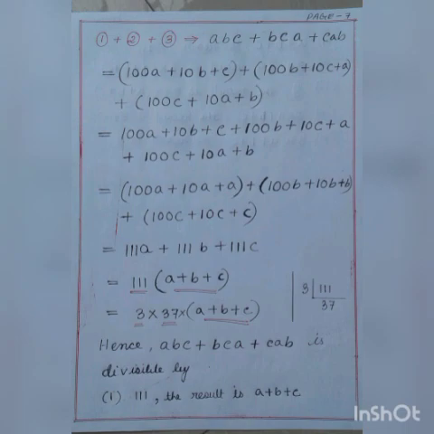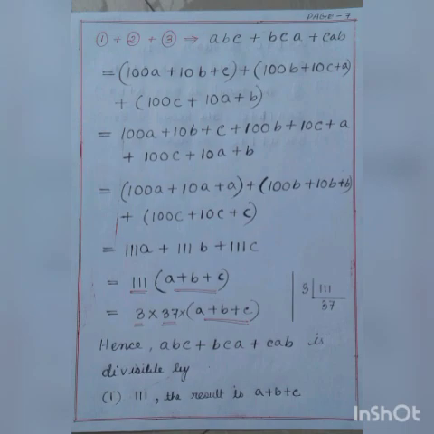If I take 111 common, inside the bracket we will have A plus B plus C, which is the sum of the digits. 111, I can find factors as 3 into 37.